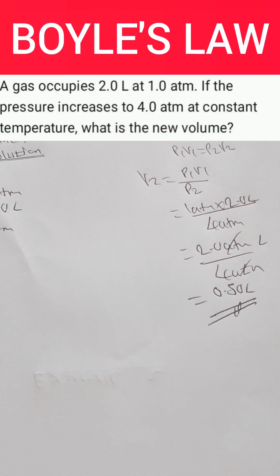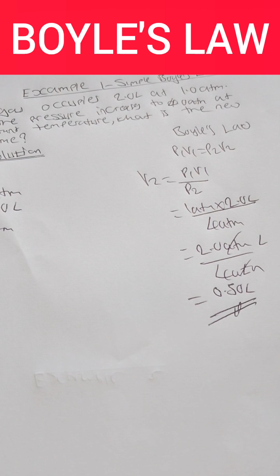Let's look if this statement is true or correct, because we started with the volume of 2 liters and the pressure of 1 atm, and the pressure increased, which means our volume should decrease. Now the question that comes to us, did the volume decrease? The answer is yes, which means we have proved what? Boyle's law. So that's how you are going to find your volume 2.